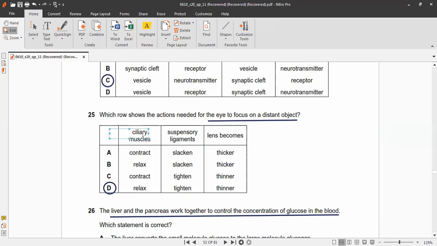So the correct answer is D. Ciliary muscles relax and suspensory ligaments tighten and lens becomes thinner.